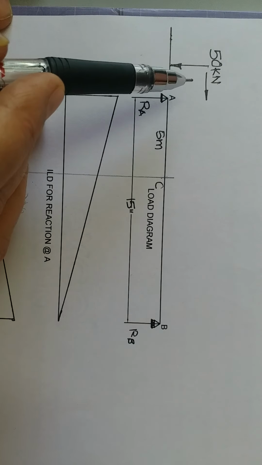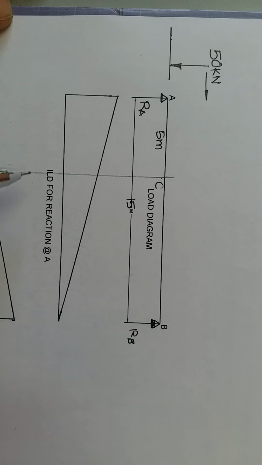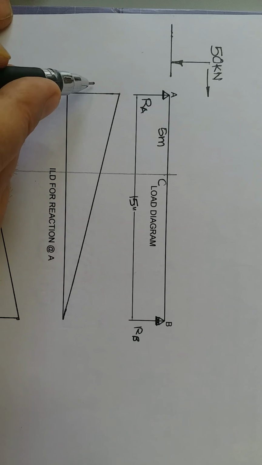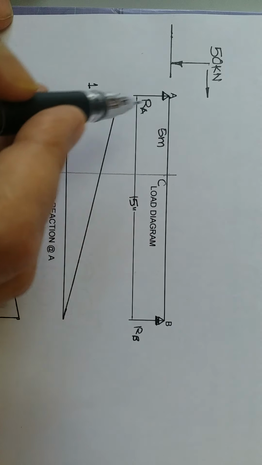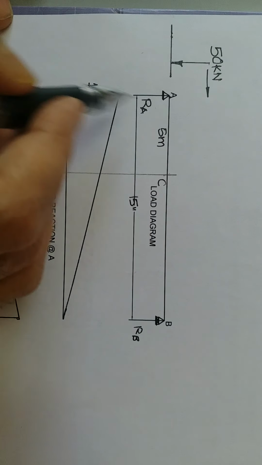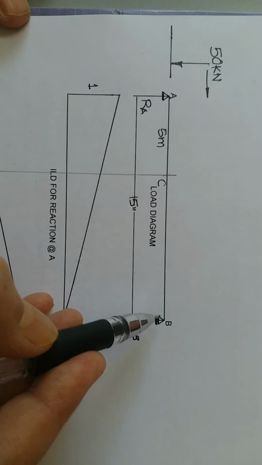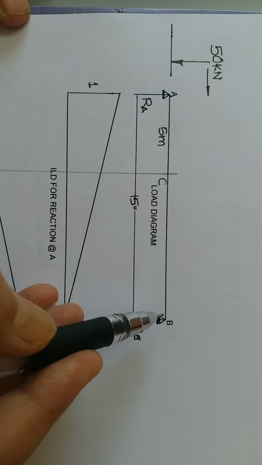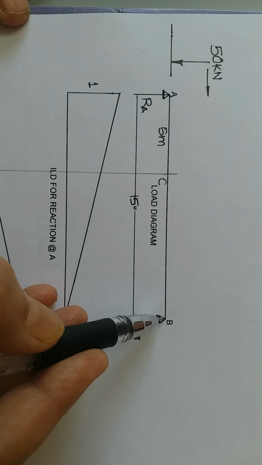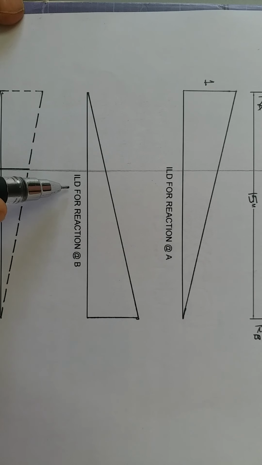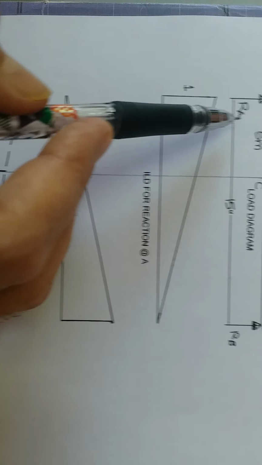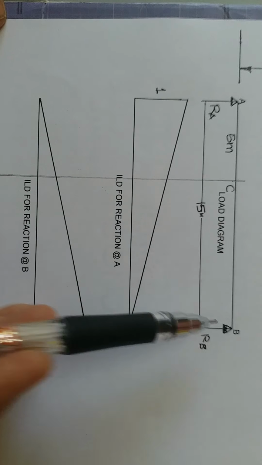So when a unit load moves from A to B, the influence line diagram for reaction at A will be this one. So this ordinate will be 1. When the unit load is here, reaction at A is equal to the unit load, that is 1, and as the load moves from A to B, reaction at A will be equal to 0 when the load is at B. Similarly, when you draw the influence line diagram for reaction at B, when the load is at A, reaction at B is 0.